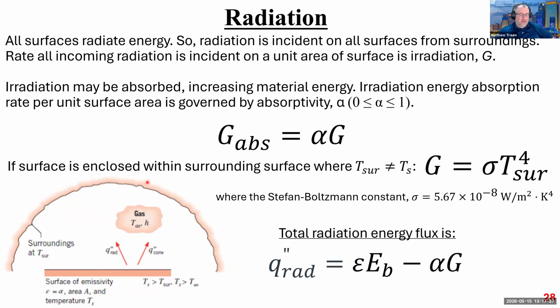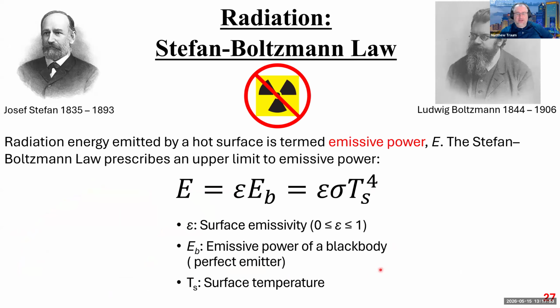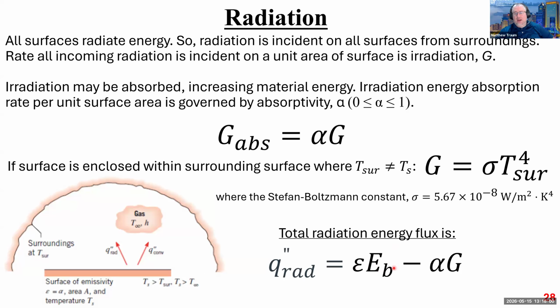Air is opaque to this. This is the equation that I could write for the total radiation energy flux. It's going to be the amount of energy that my object is emitting, so emissivity times its idealized black body emissive power. Yep, emissive power. And then minus the amount of energy that it's absorbing.